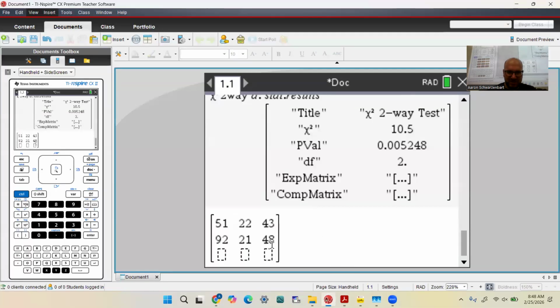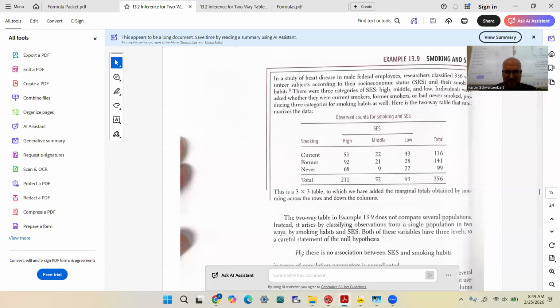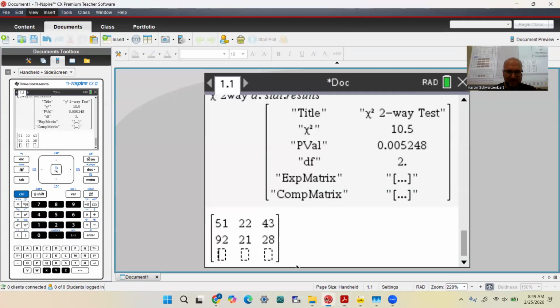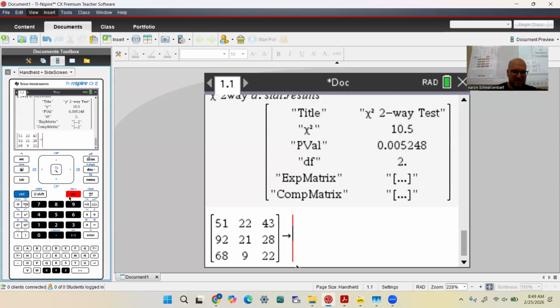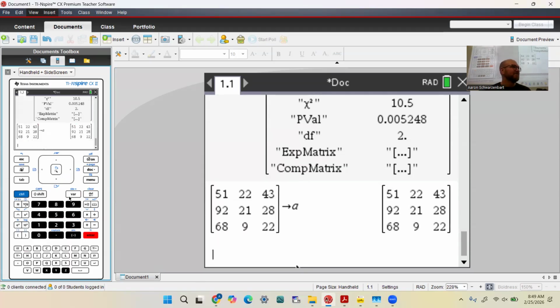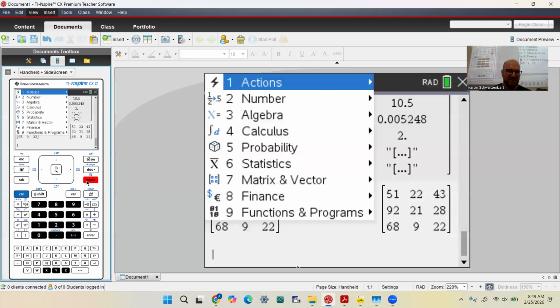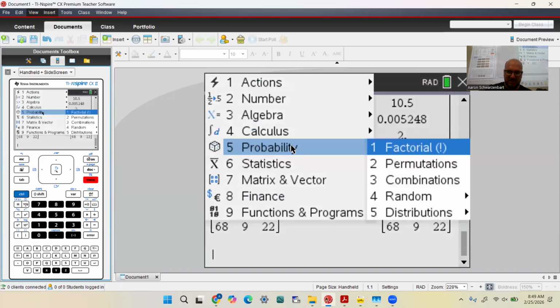That's a very wrong number. That's going to throw things off. 68, 22. And keep in mind that when this data was collected, smoking was a lot more common. So I've got my data in my matrix. Let's just do stats.